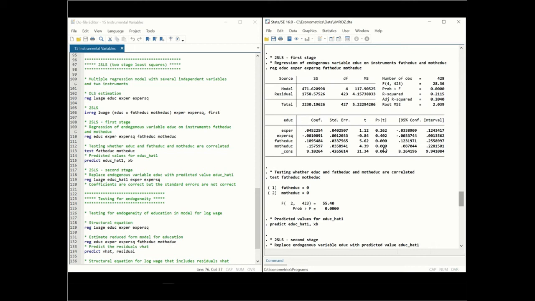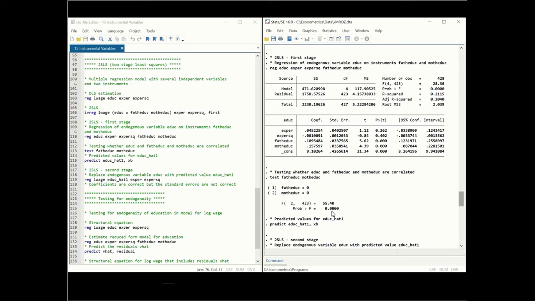If we do an F-test for them, which is test father's education and mother's education, we're basically testing if these two coefficients are jointly significantly different from zero, and this is the p-value for this test. So we're concluding that actually these coefficients are jointly significantly different from zero. So we do have a correlation between father's education and mother's education with education.